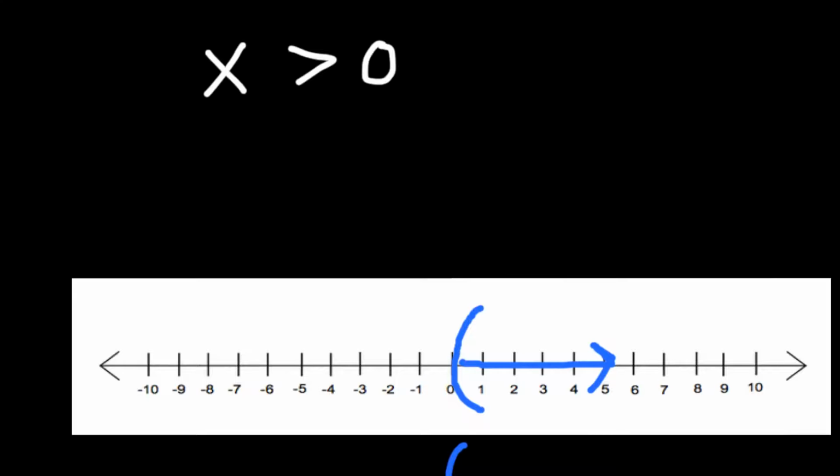Notice it replicates what's right above it. It starts at 0, goes to positive infinity. So they call it interval notation because it includes the whole interval, going up to infinity. So it's a good way to show it.